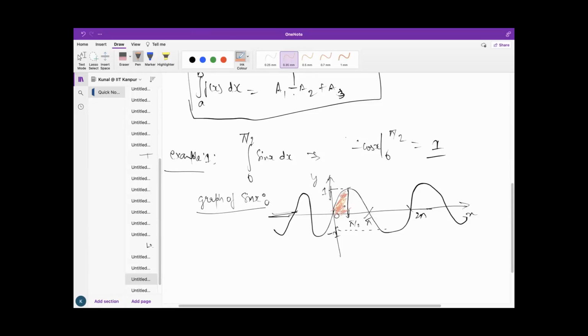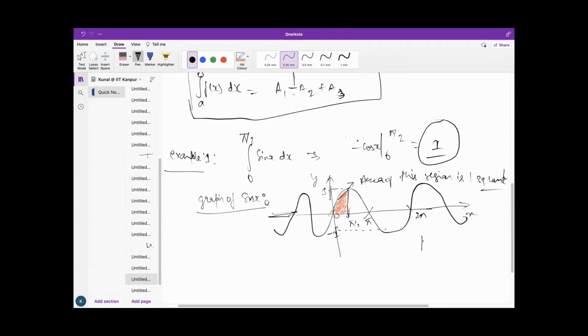And if someone asks what is the area between 0 to pi by 2, we find it mathematically by integrating it. So we get the value 1. So what we can understand is that the area of this region is 1 square unit, right?